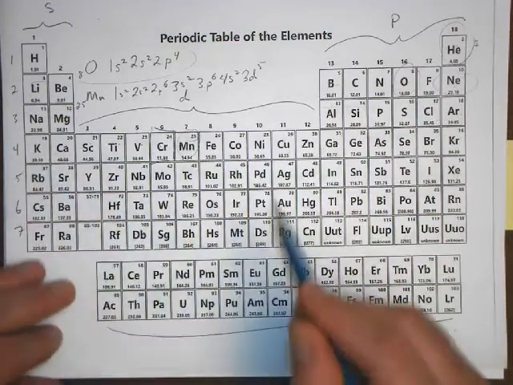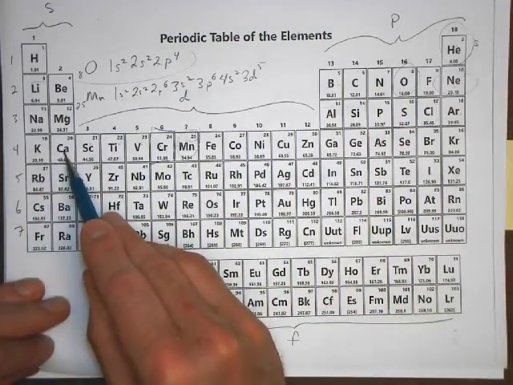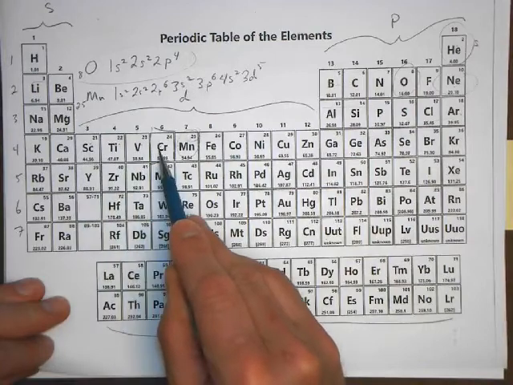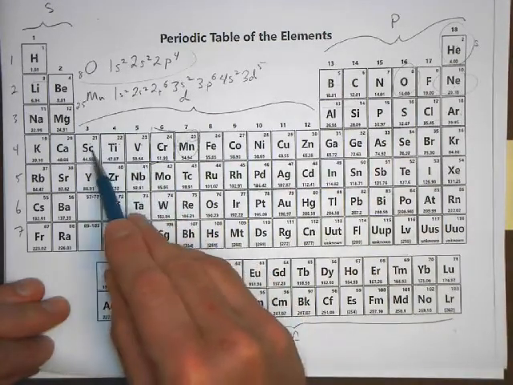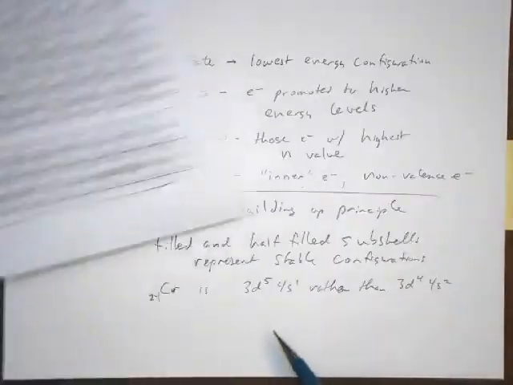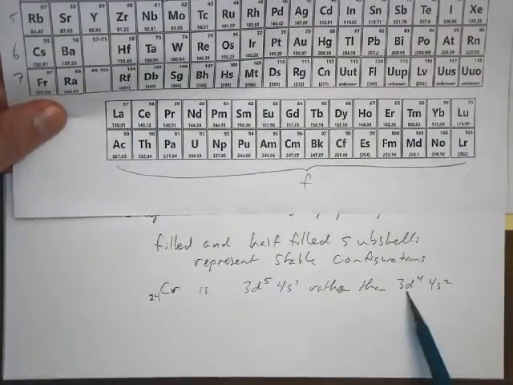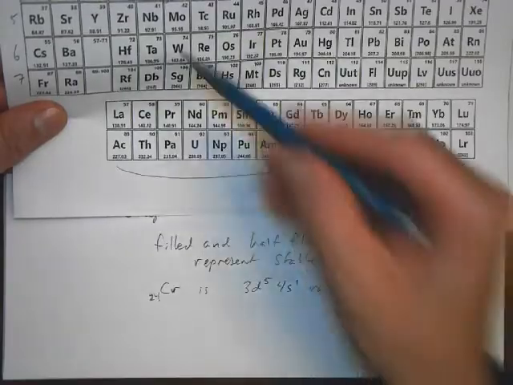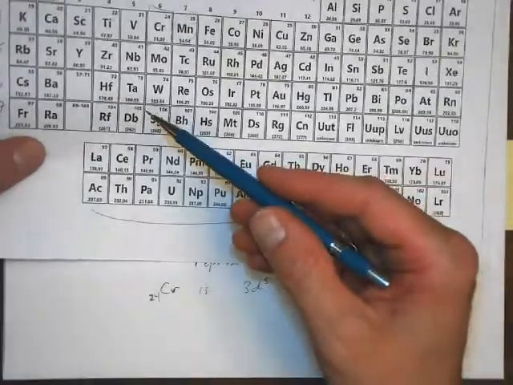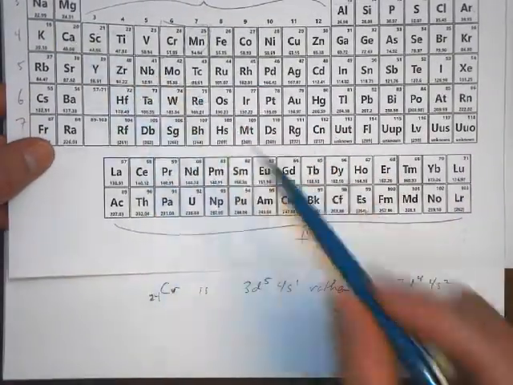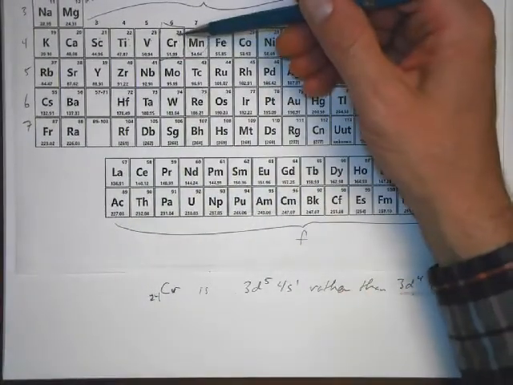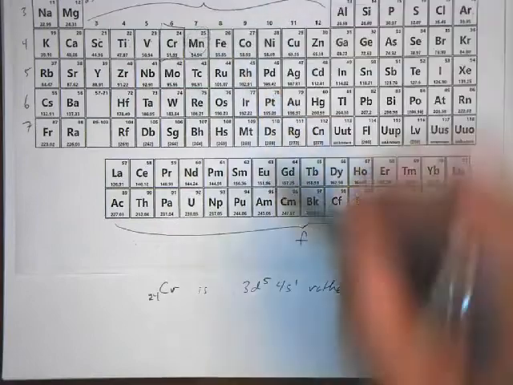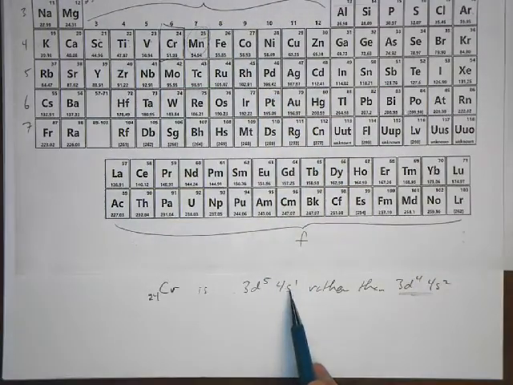And what we might expect is 4s2 and 3d4, just following the periodic table. But what happens is that chromium is actually 3d5 4s1.